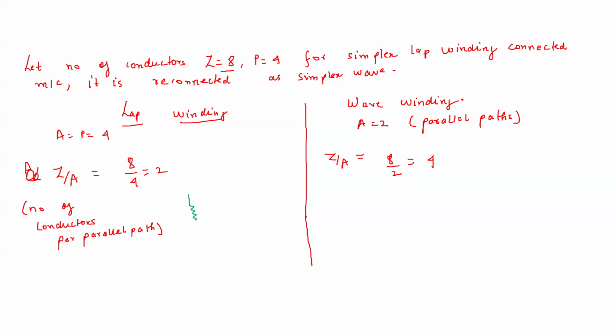These are the conductors. This is one parallel path having two conductors, then another parallel path having another two conductors, like this.